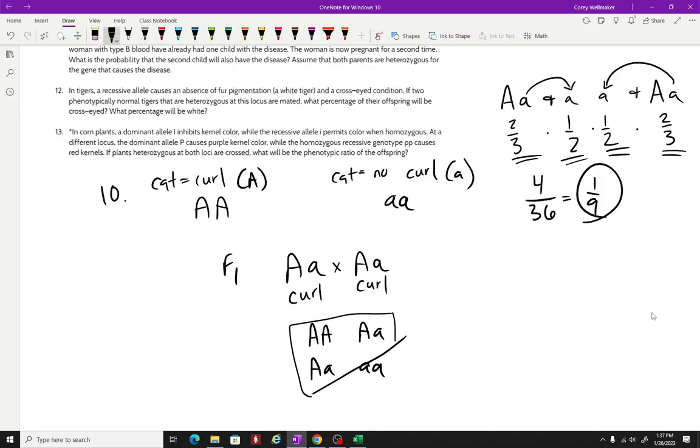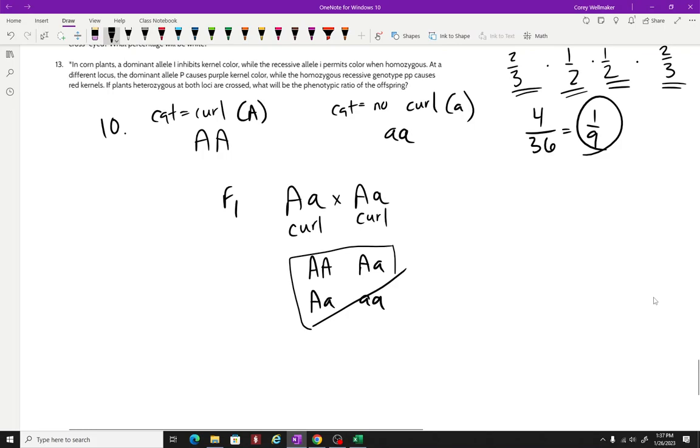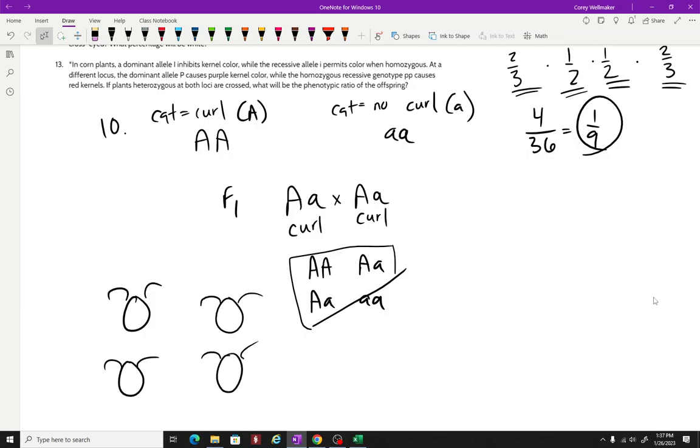So if I wanted to create a line of true breeders, I would have to basically take some curly cats with their curly ears from this F2, right? So this is the parental, this is the F1, this is the F2. And I got 75% of my males are curly, 75% of my females are curly.